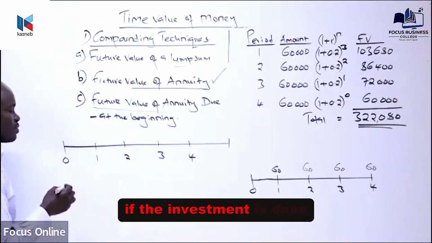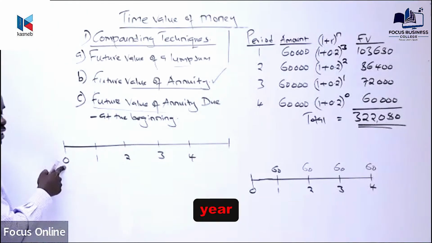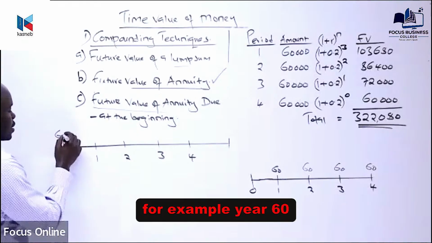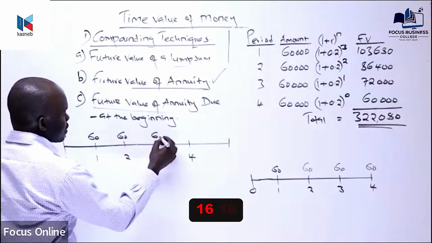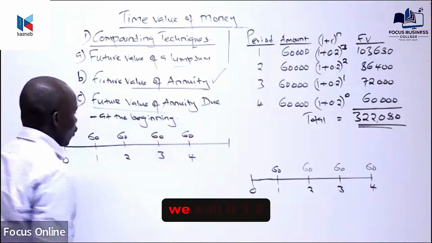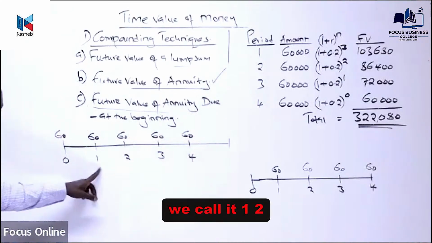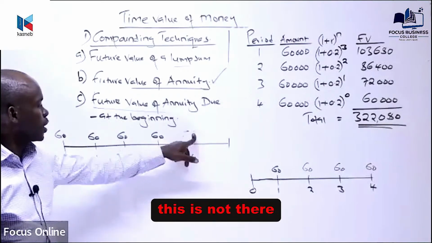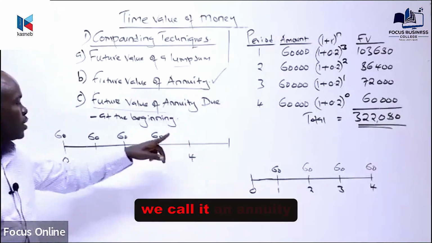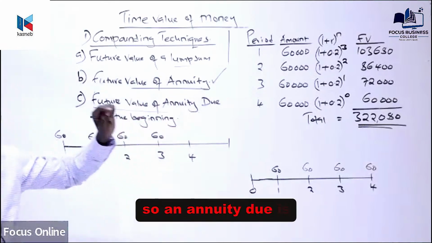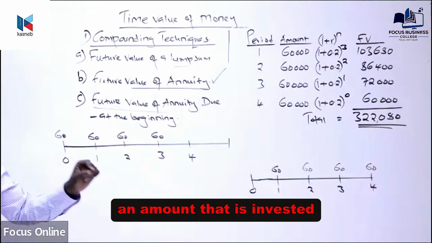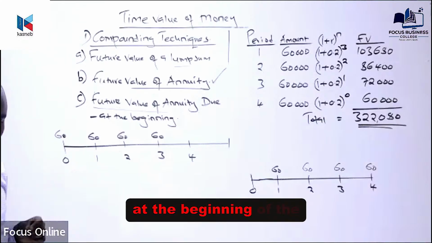If the investment is done at the beginning of the year, for example, here 60, 60, 60, 60, we call it an annuity due. So an annuity due is an amount that is invested or paid at the beginning of the period.